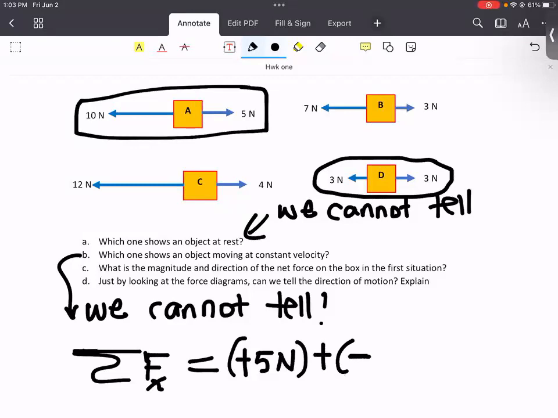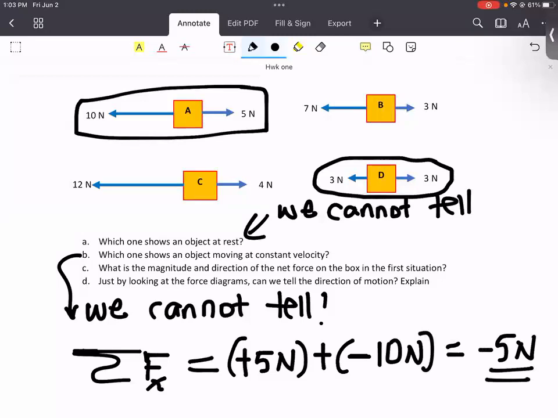So minus there will stand for left direction, 10 newtons right here, and that will be the net force. So if you do your mathematics, you will find that this is actually -5 newtons.